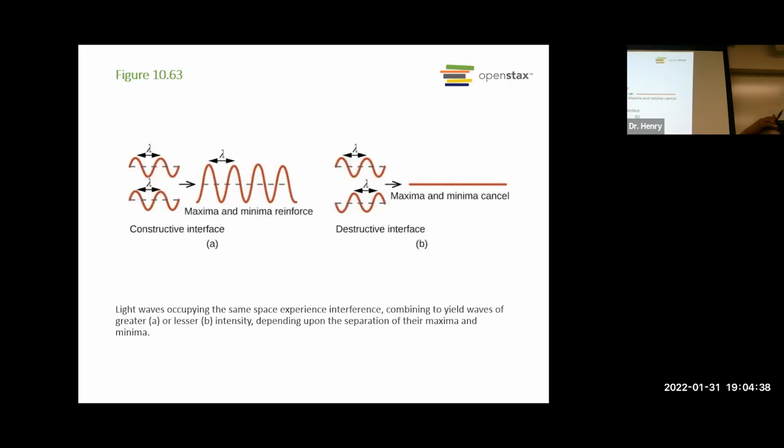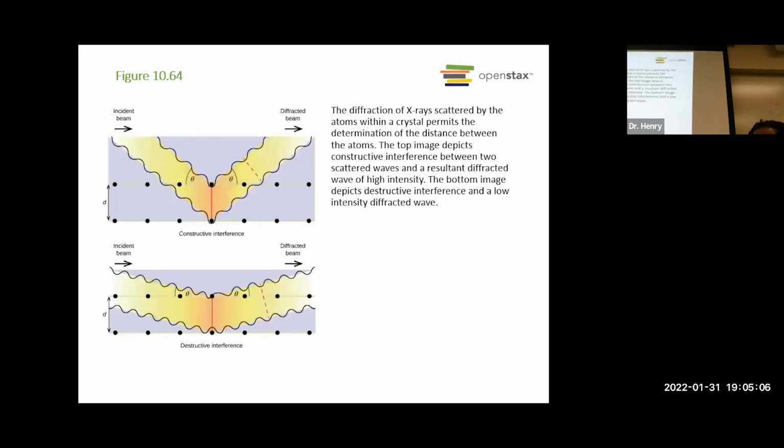So when we talk about those wave structures, you guys remember constructive and destructive interference. Constructive basically is going to reinforce, so then our magnitude is going to get bigger. Right? Destructive is going to cancel out, so we're going to have a flat line. Okay. So when we're using X-rays, we could actually use that to our advantage to try to figure out the distance between two atoms.